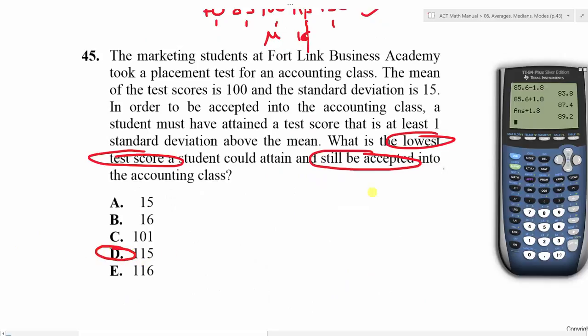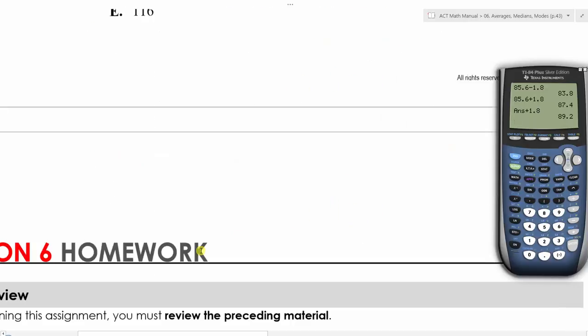Now, if you got 116, then you either didn't understand what was going on here, or more specifically, you didn't pay attention to the fact that the question said at least one standard deviation above the mean, and at least one standard deviation would be greater than or equal to one standard deviation above the mean. So the answer there is 115. You get a 115, you are accepted into the accounting class.